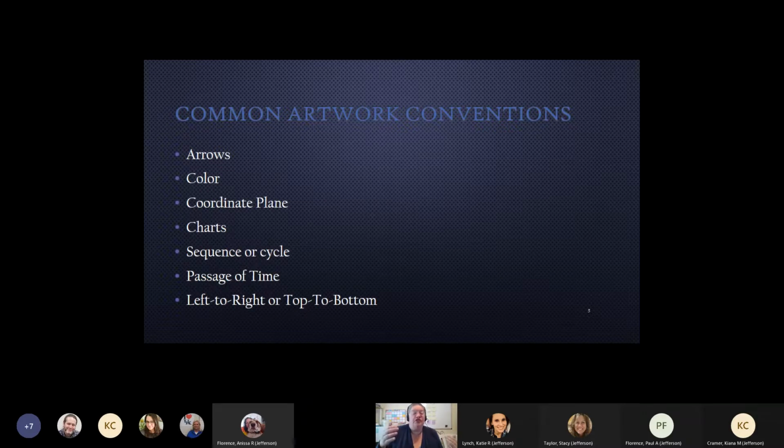And a lot of times, students don't even understand some of the basic literacy skills, like you can read a figure the same way you read text, which is you can sometimes read from left to right or top to bottom. And a lot of times that's how the artwork is organized, because our eye is initially drawn to that top left corner to figure out what's happening in the figure.